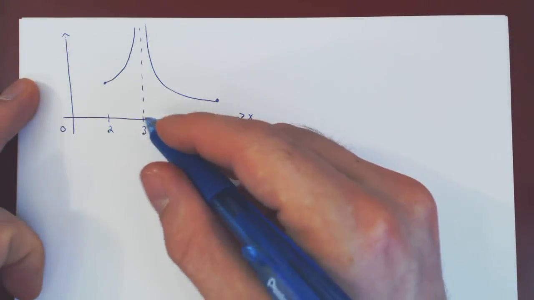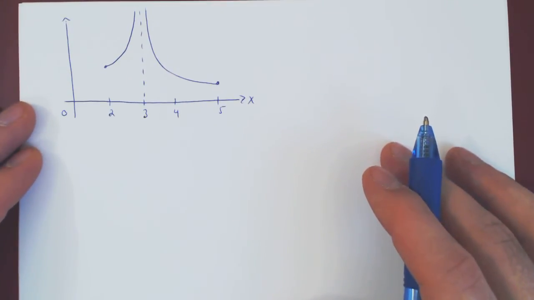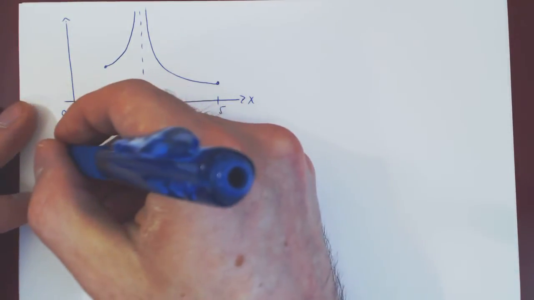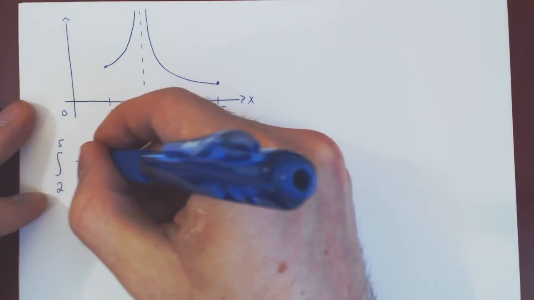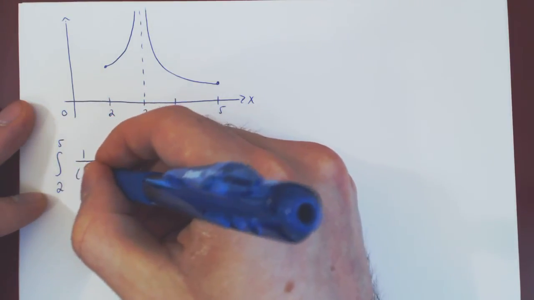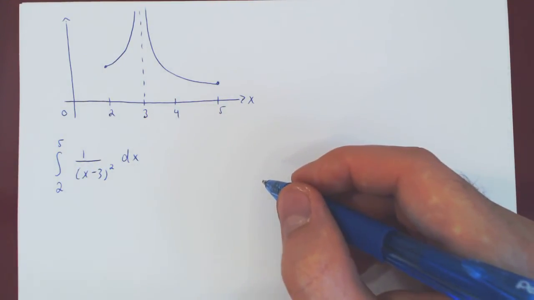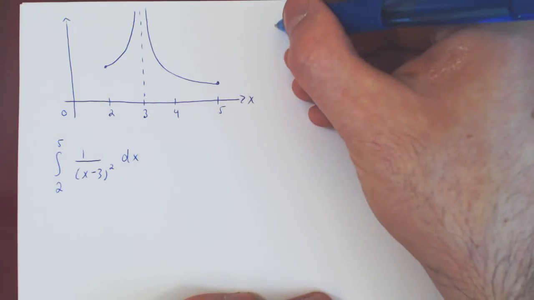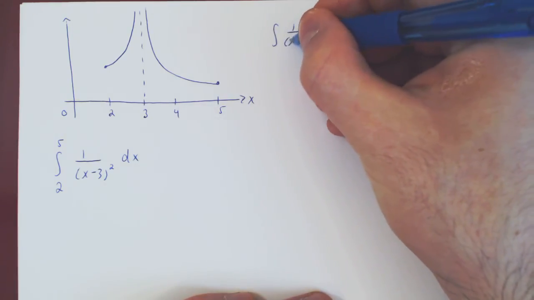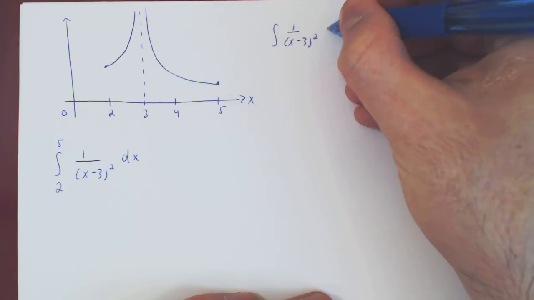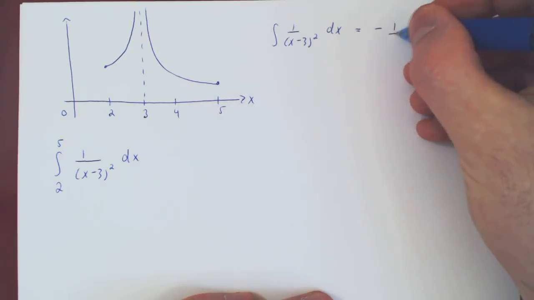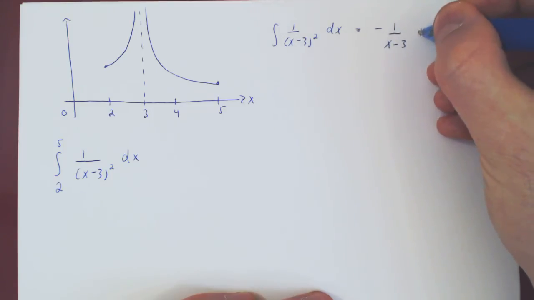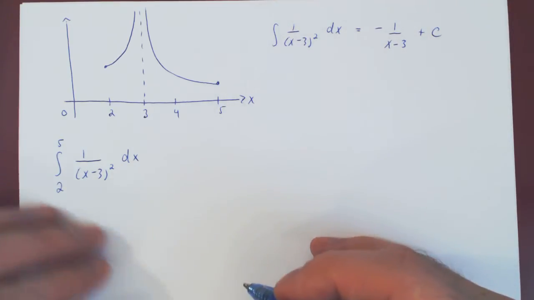And we were aware of our discontinuity. But suppose we do not notice it. And we say, okay, well, we're trying to integrate from 2 to 5, 1 over x minus 3 squared dx. Recall that with a simple u sub, letting u be x minus 3, we find that the antiderivative of 1 over x minus 3 squared is equal to negative 1 over x minus 3 plus c.